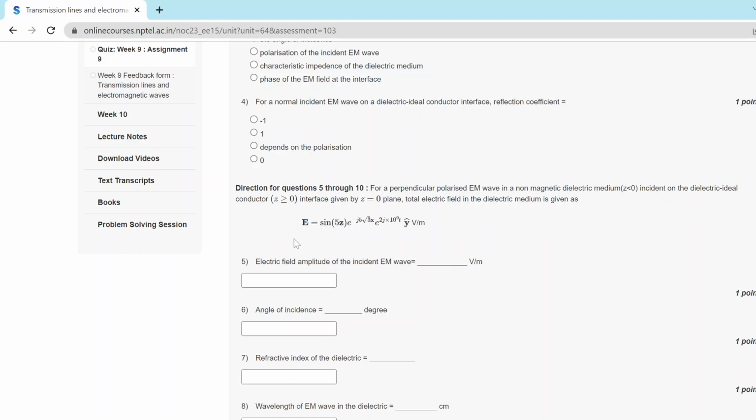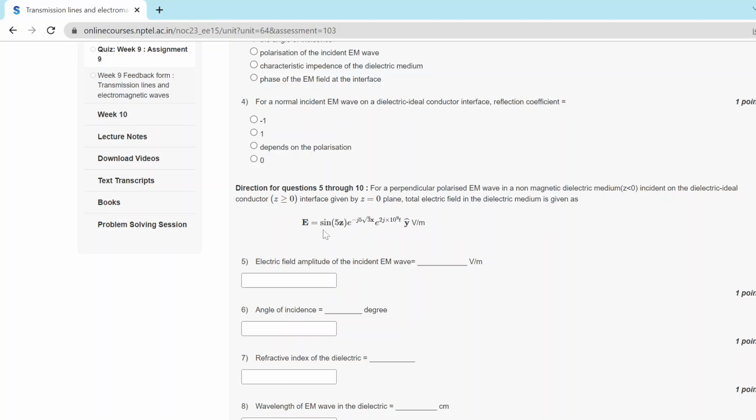So what is given is the incident field. Okay, so if you know the incident field, the electric field amplitude of the incident EM wave, very easy question. So what is the amplitude of this incident EM wave? Then what is the angle of incidence? If you look at this particular expression, you will know what to write.